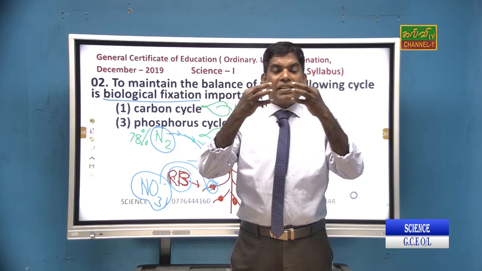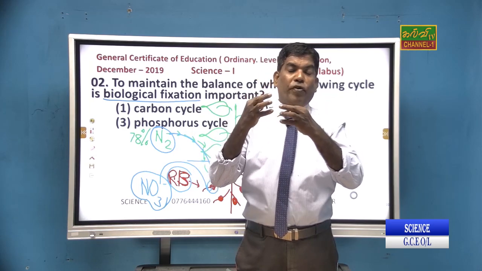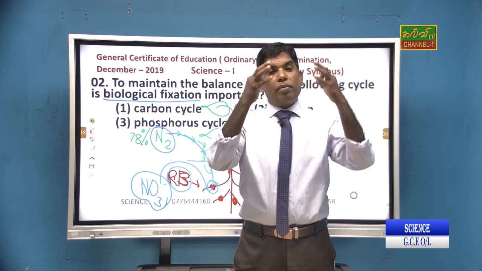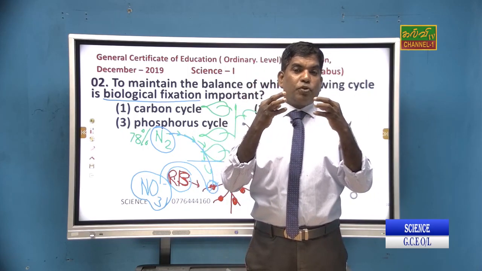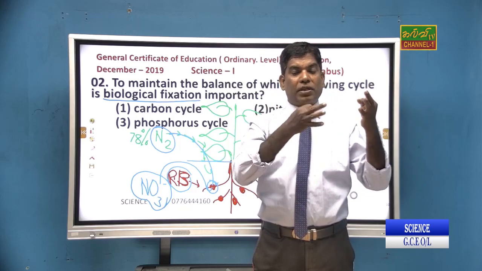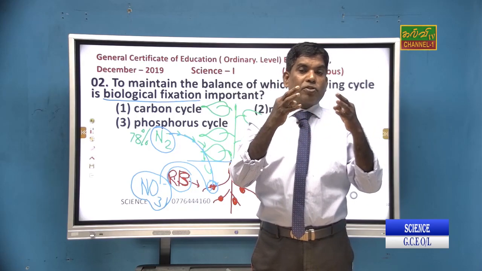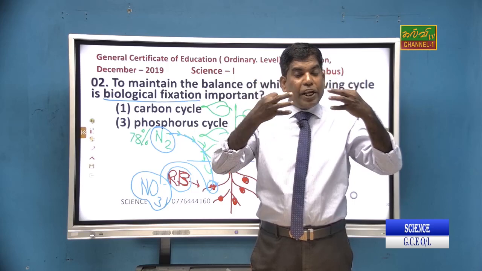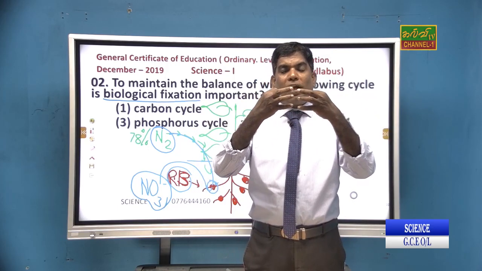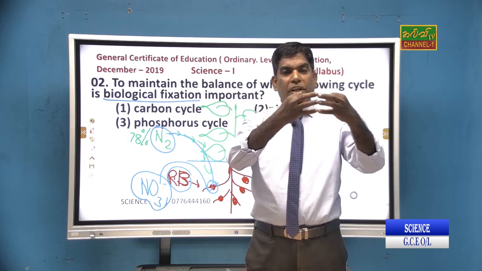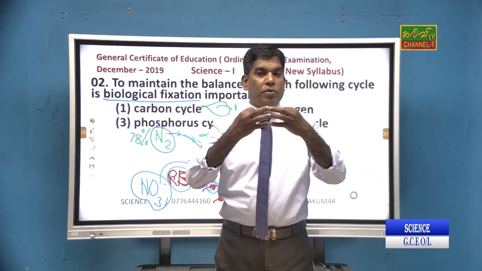That is the reason nowadays vehicle tires are also filled with nitrogen. Some kinds of bulbs are also filled with nitrogen. Nitrogen gas is also used to pack some foods, because it doesn't react with other chemicals easily, because 3 covalent bonds are there between the nitrogen atoms.